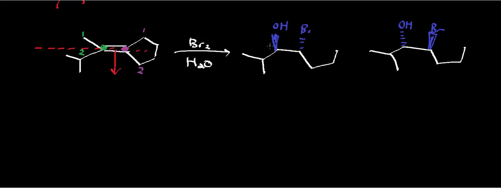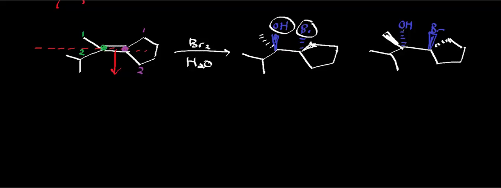And then this goes on a wedge, and then there you get that. Well, that is possible. This could happen, and in fact, if you did this reaction, it would.